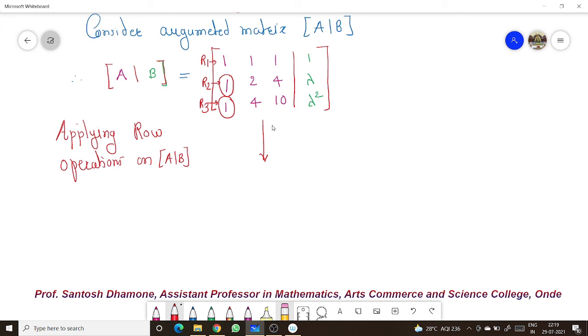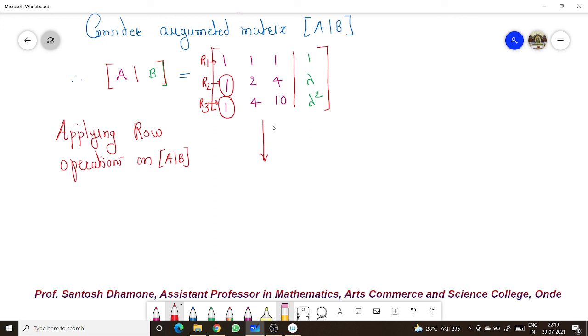Therefore lambda minus 5 is not equal to 0 and mu minus 9 is also not equal to 0. This implies that lambda is not equal to 5 and mu is not equal to 9 for a unique solution.